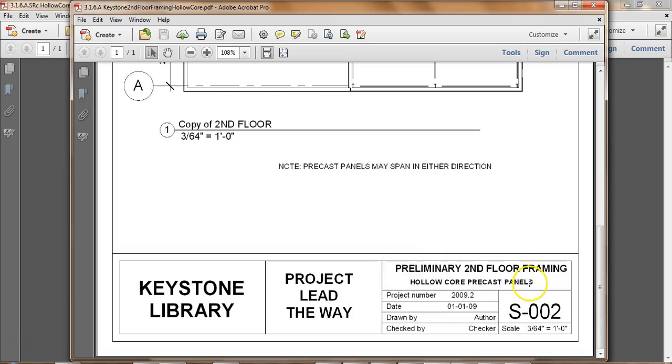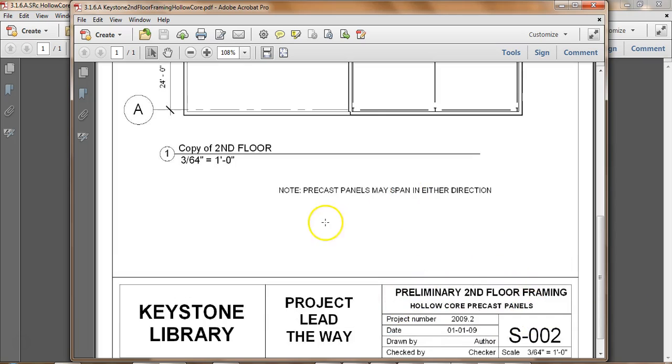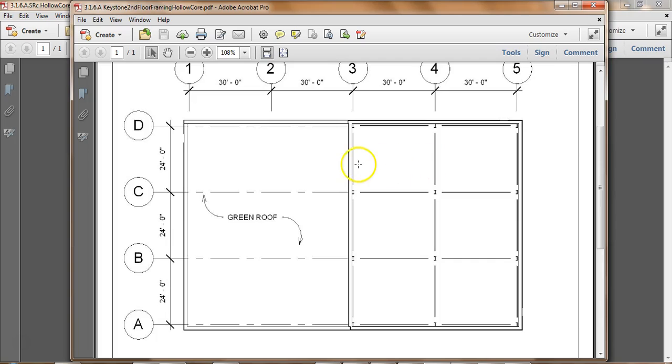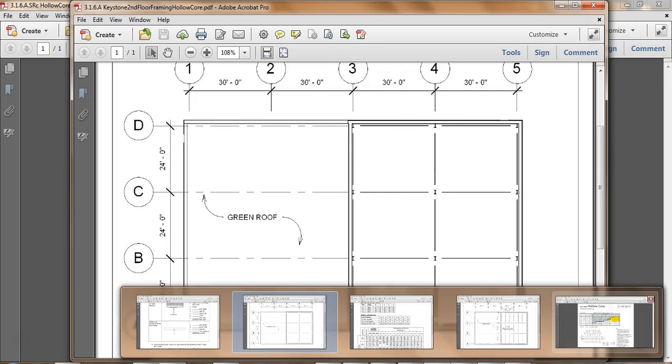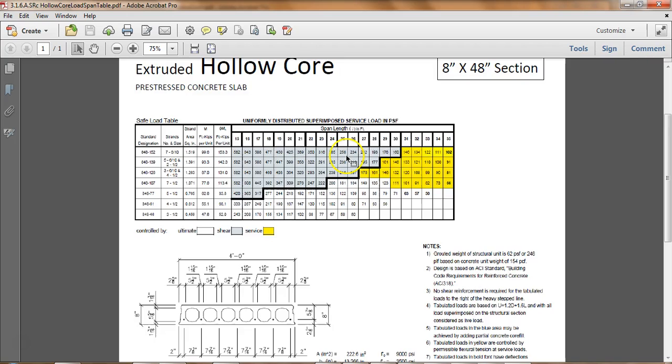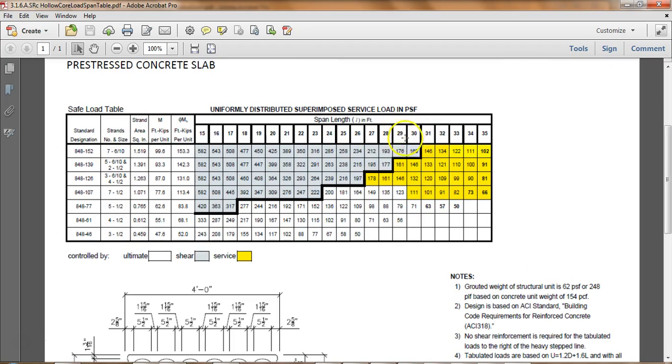This is the one I'm going to use for that. So on here, notice it says precast panels may span in either direction. That means that I could do them this way, where they need to have a 24 foot clear span distance, or I could run them the other way and have 30 foot. So when I look at my span here, I may need to use the 30 foot, and I may need to use the 24 foot.